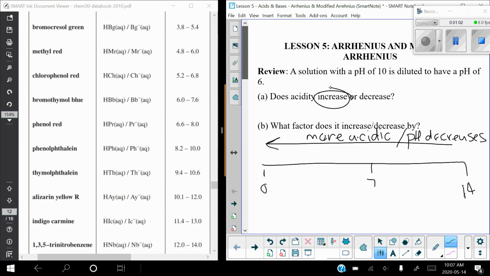Now, what factor does it increase or decrease by? So 10, 9, 8, 6.